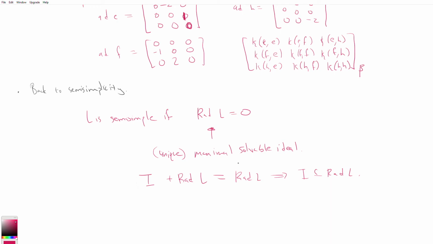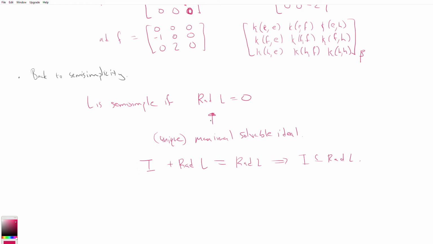And so in particular, we have that this condition is actually equivalent to saying that L has no abelian ideals.